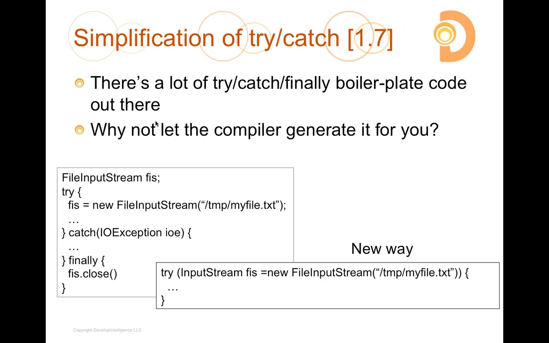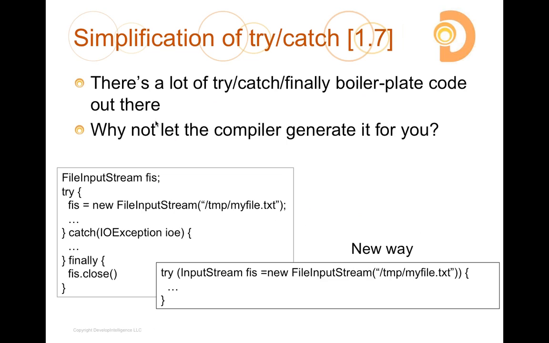So here's a real simple example. I go ahead and create a file input stream. You'll notice in the new way, I declare that type, FIS, in a parenthesis structure within a try. That tells the compiler that FIS is an auto-closable resource, which means that if an exception occurs, or if the try block executes properly at runtime, the runtime environment will auto-close FIS for me.